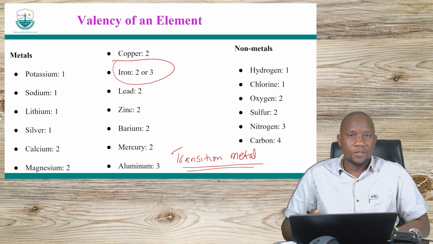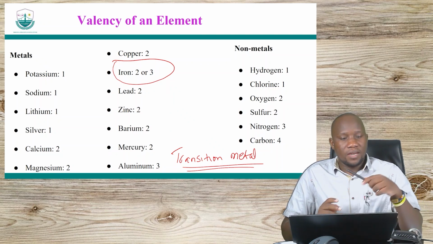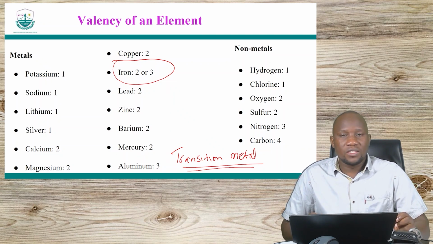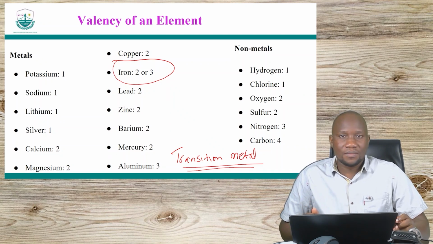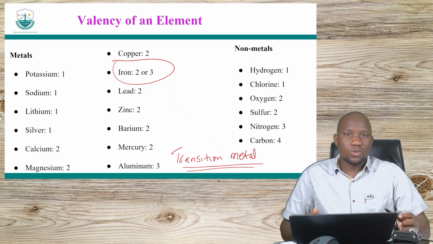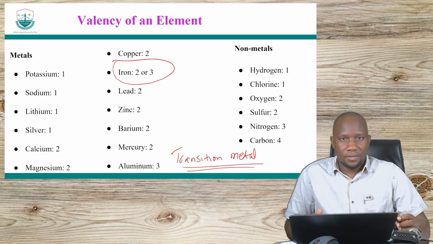So what does it mean? Potassium has a valence of 1. It means it can only combine with one hydrogen atom, or it can displace one hydrogen atom from an acid. That is what it means. Sodium has a valence of 1. That means it can combine with one hydrogen atom or displace one hydrogen atom from an acid.